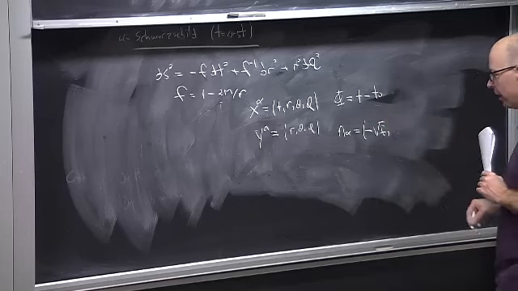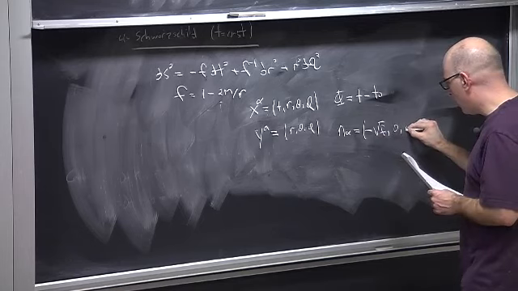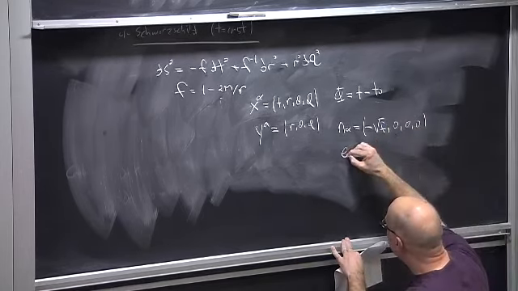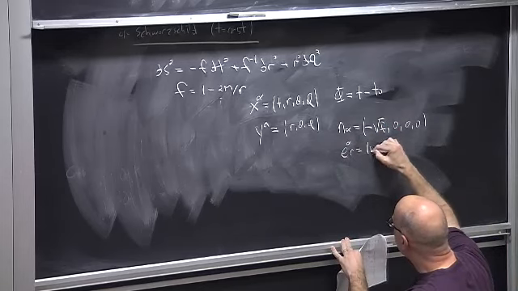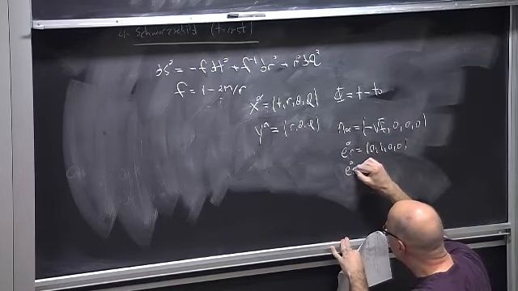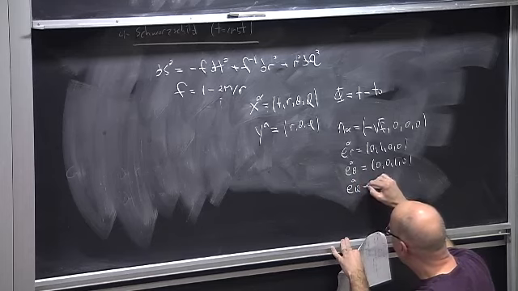So the time entry for the normal vector is minus the square root of f, and all the other entries are 0. The other vectors, e alpha r, well, this one will only have an entry along r. This one will only have an entry along theta. And that one will only have an entry along phi.